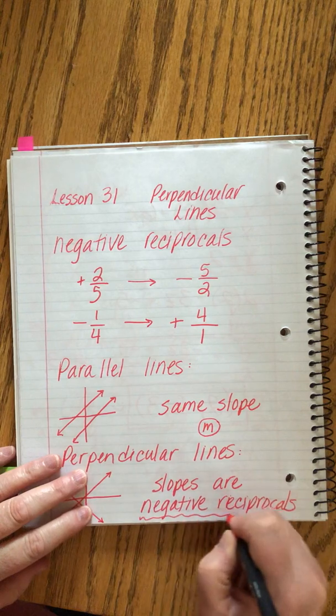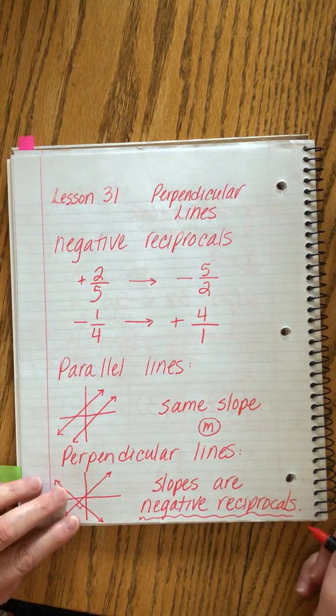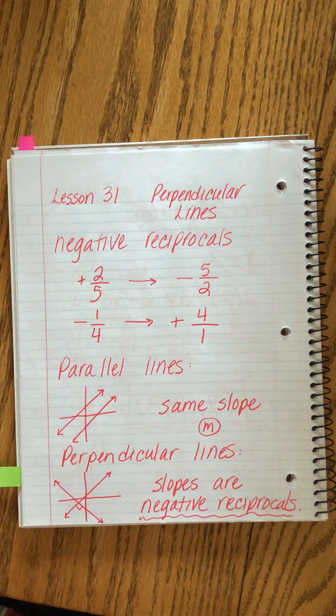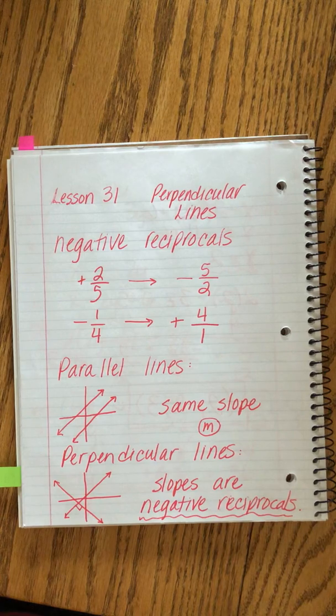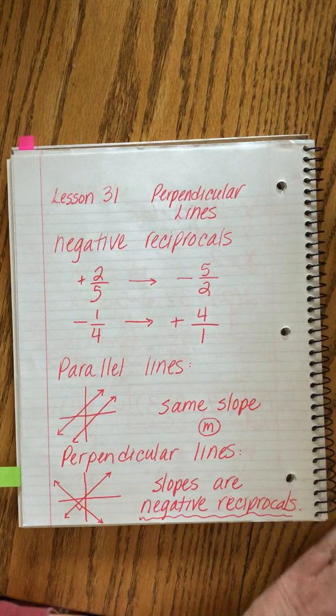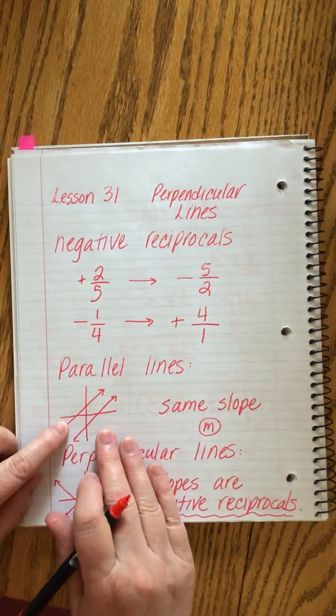Okay. That's why I talked about what negative reciprocals are up here, because I was going to tell you down here that that's how you find, if you're told the slope of one line, and then told that line is actually perpendicular to another line, then it's a very easy thing to find the slope of the other line. The problem, and it's a small problem, is that we get confused with parallel lines.